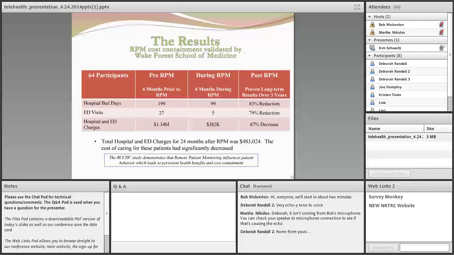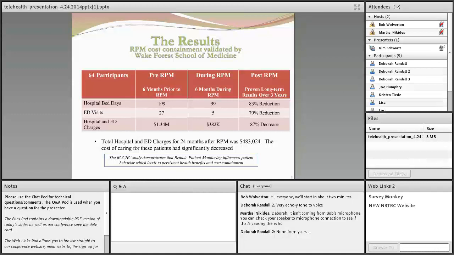Same with ED visits, and I will tell you those 5 ED visits during remote patient monitoring, 3 of them were one patient. So we didn't separate that out. So also they were able to maintain that ED reduction over the 3-year period as well. And then the hospital ED charges.